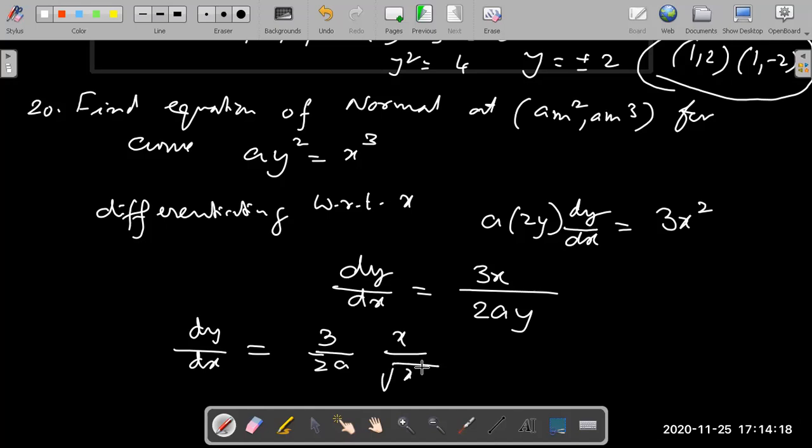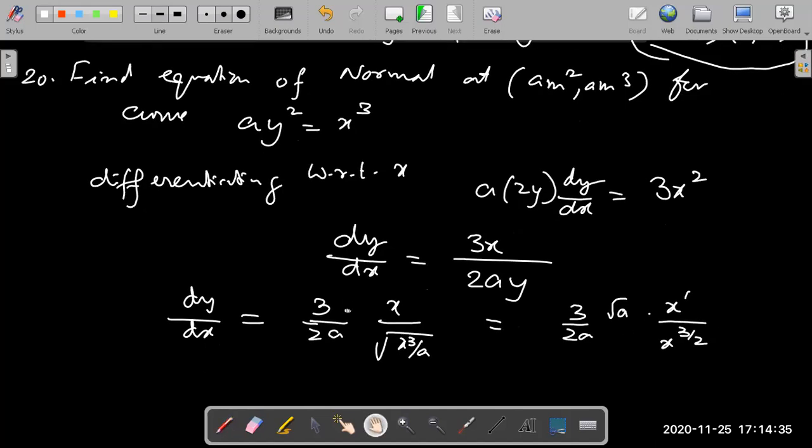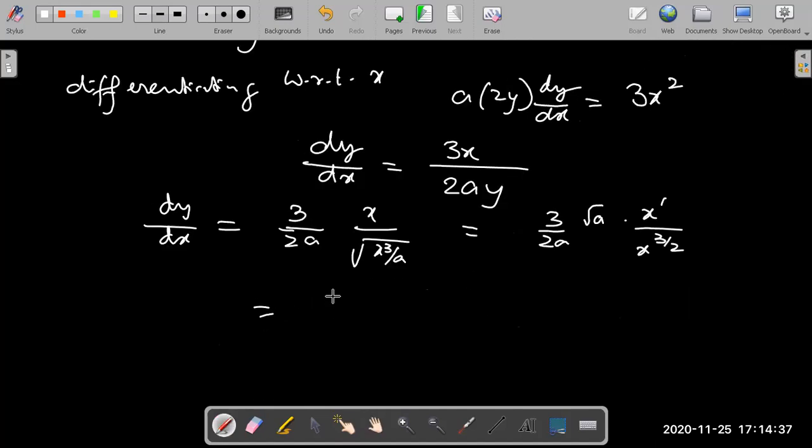So that's equal to 3 by 2a, root a will come up, and x squared divided by x to the power of 3 by 2. So you will have 3 by 2 root a into x to the power of 2 minus 3 by 2, which is x to the power of half. This is what dy by dx.